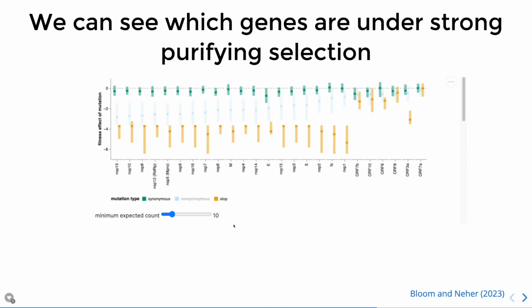They're also highly deleterious in the structural proteins M, E, S, and N. But when you look at these accessory proteins, which in general have poorly understood functions and are quite variable across different coronaviruses, you see that even stop codon mutations either have no deleterious effect or only very slight deleterious effects in most of the accessory proteins. In fact, the only accessory protein where stop codon mutations are strongly deleterious in human transmitted SARS-CoV-2 is ORF3.